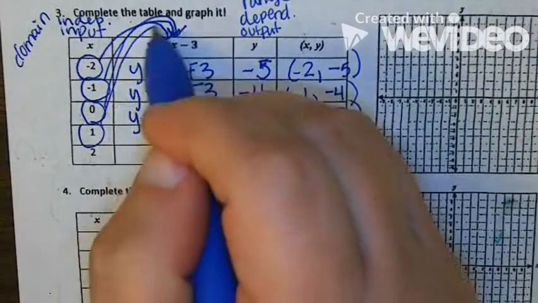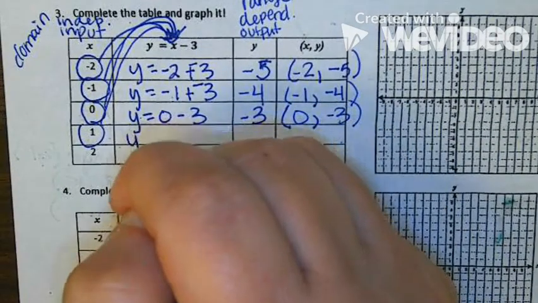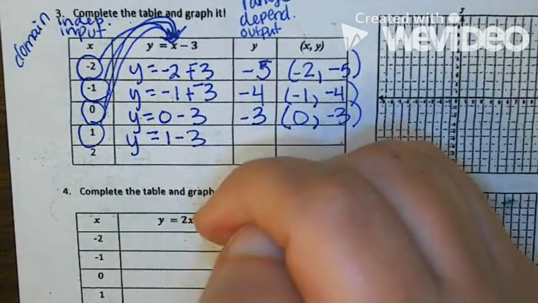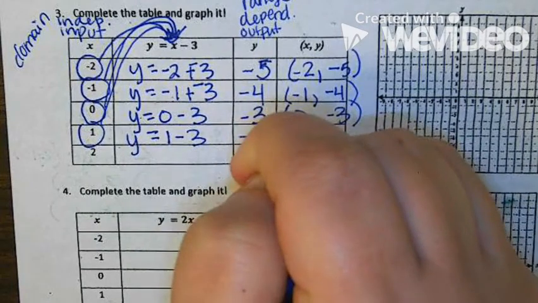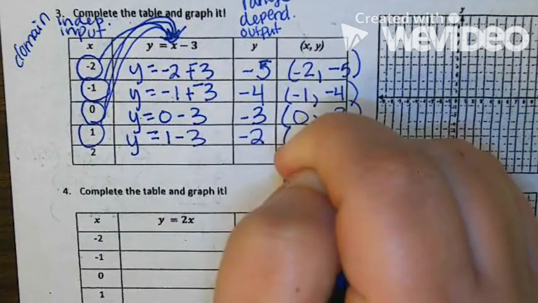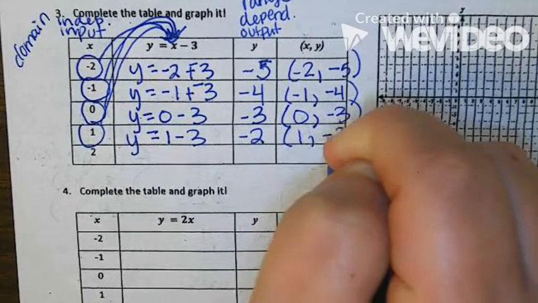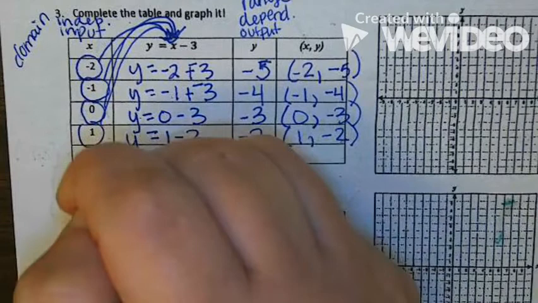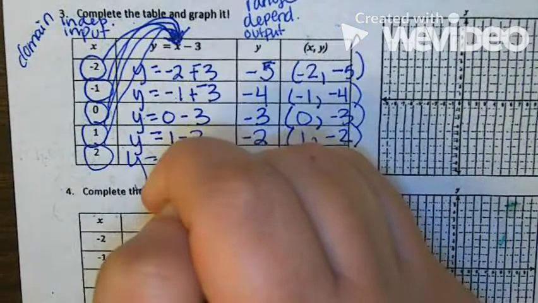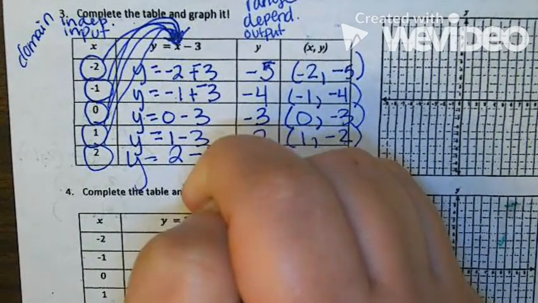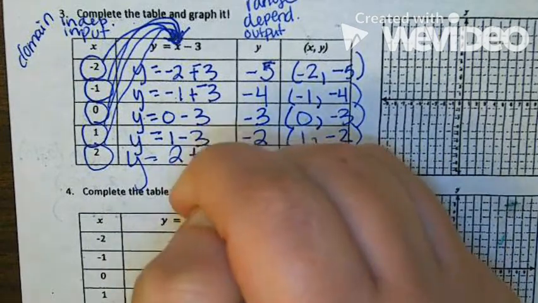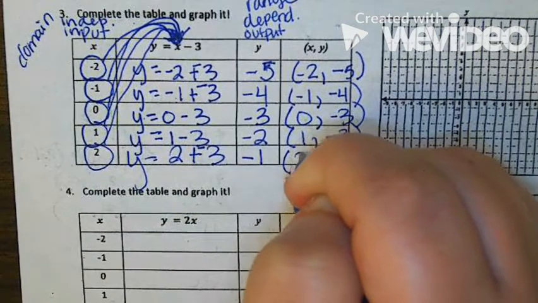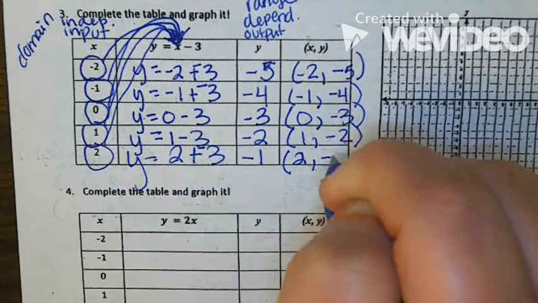I plug in y equals 1 minus 3. 1 minus 3 is -2. 1 is x, then y was -2. And our last one we plug in, y equals 2 minus 3. 2 minus 3, keep, change, opposite, is -1. So when x is 2, y is -1.